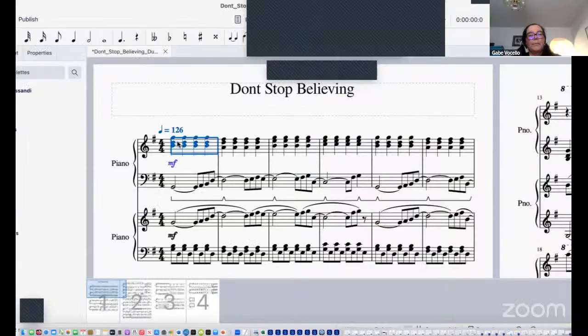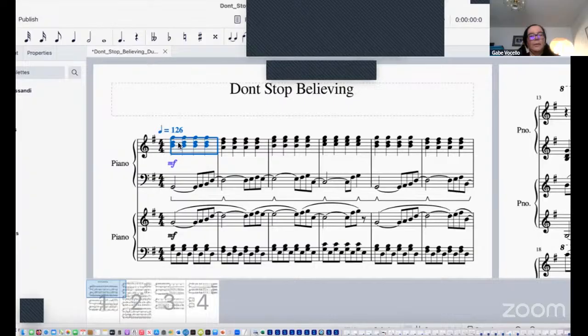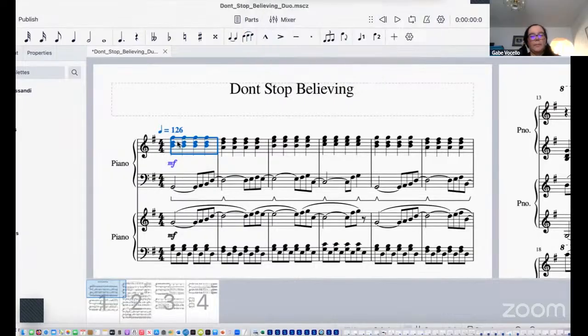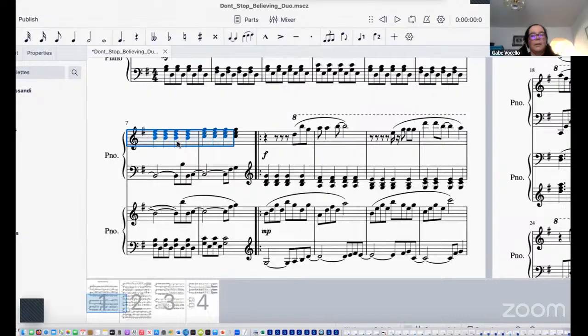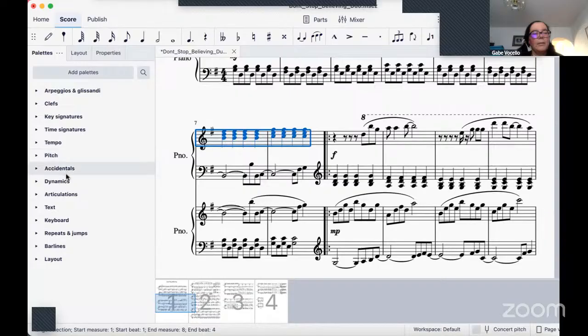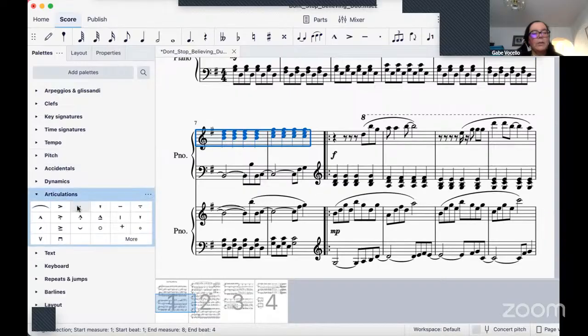Okay, so this version here, because otherwise I won't be able to find it. I'm going to add the staccato here, okay? This is not the best version, but for now it's what we have.